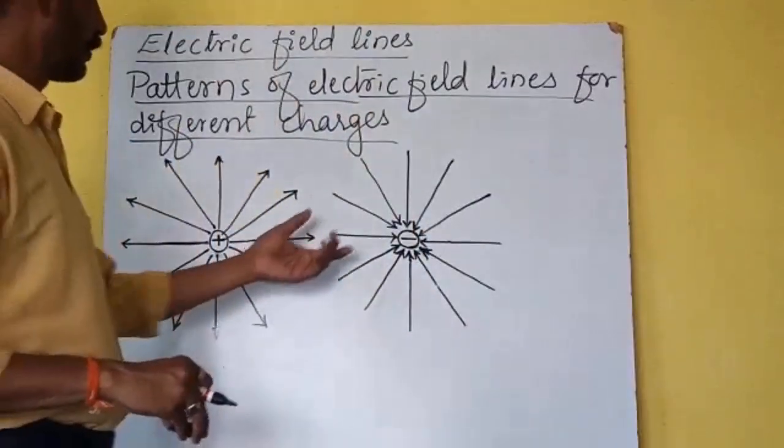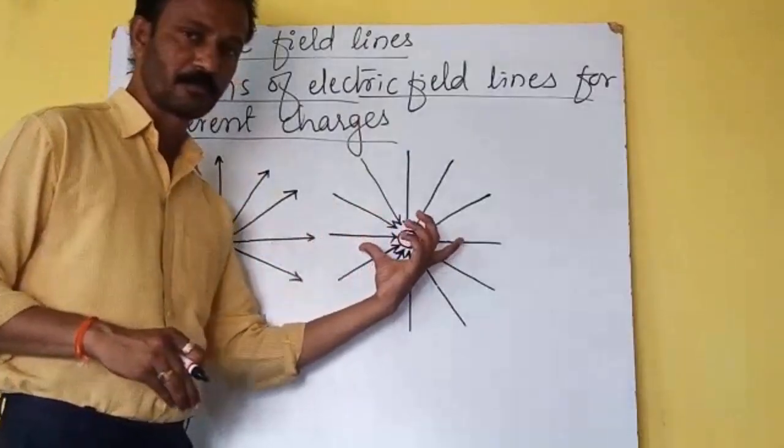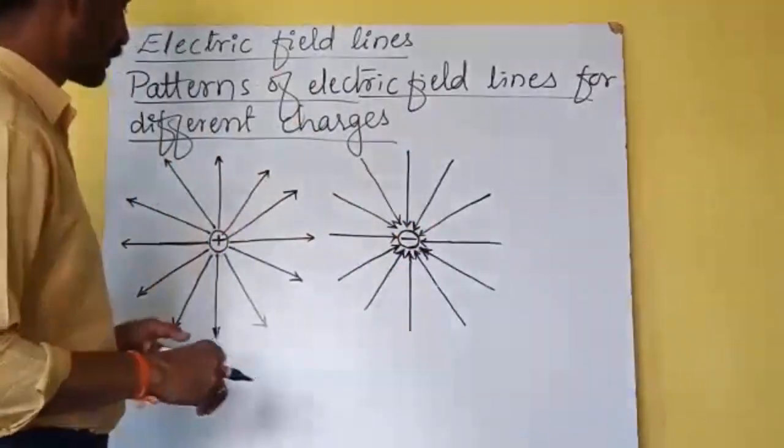So this is the pattern of electric field lines in case of a negative point charge.